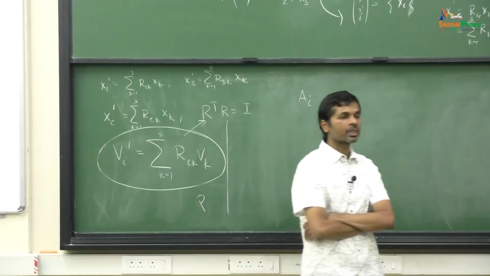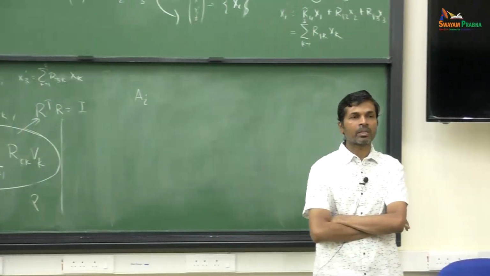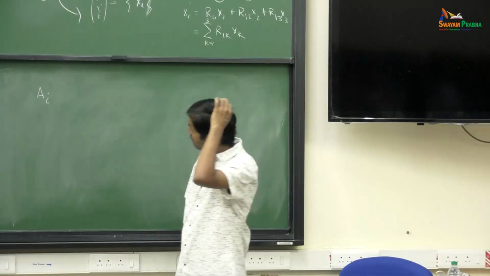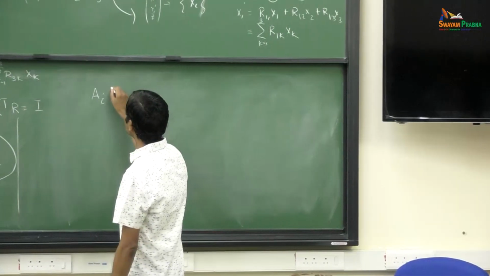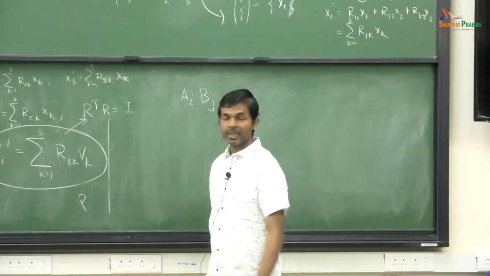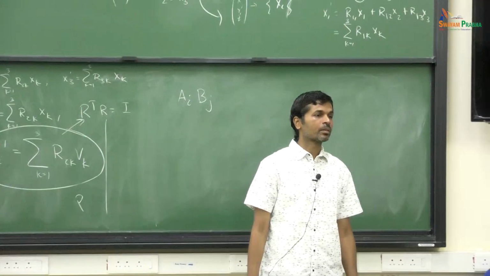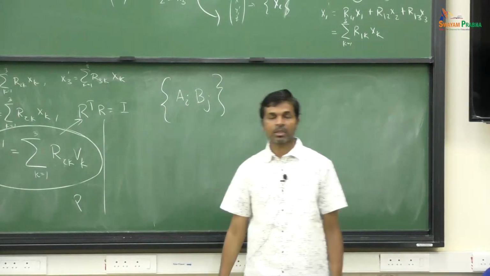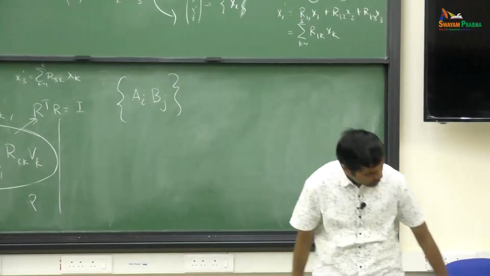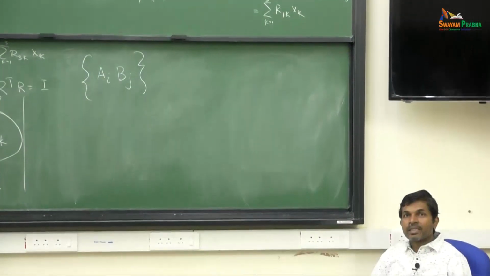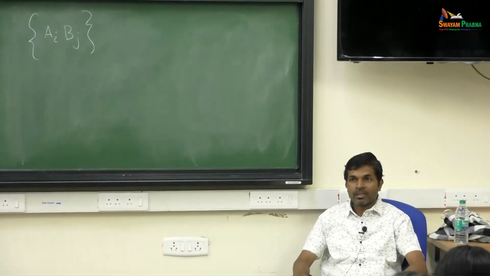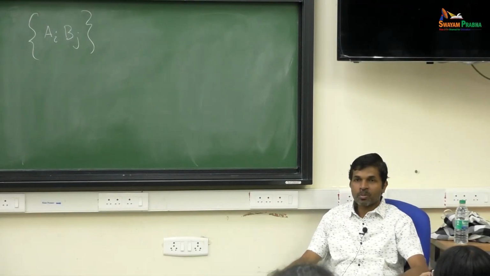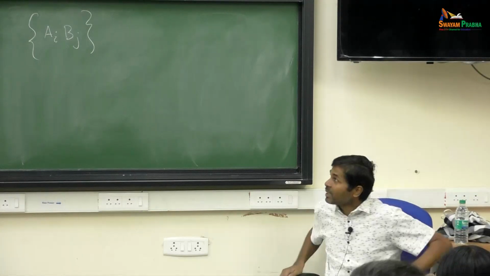Okay, let us just consider a simple orthogonal transformation, which is a rotation. So let's say Ai is some vector, Bj is another vector. Now I will consider the collection of all such numbers. So how many numbers are there? Yeah, i and j run from 1 to 3. So there are 9 obviously, right?